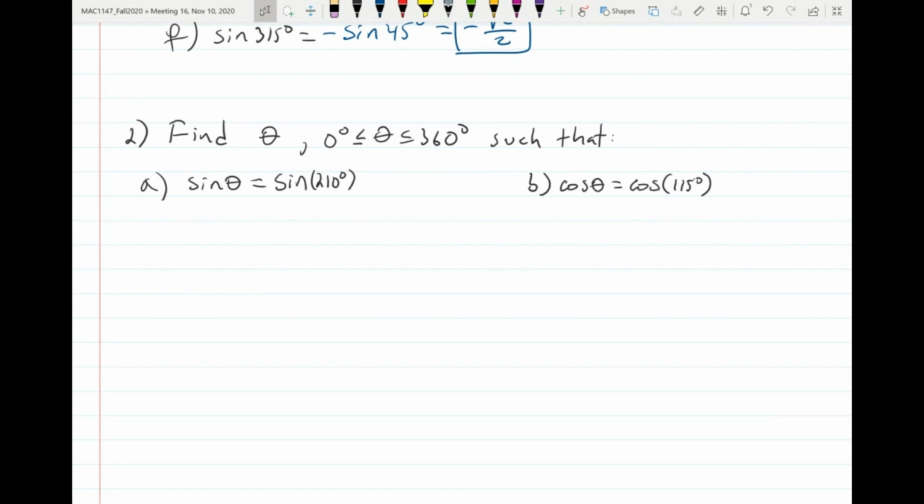But remember, we're interested in theta. So what do we do here? And what quadrant is theta? This is the one that we really need to know.